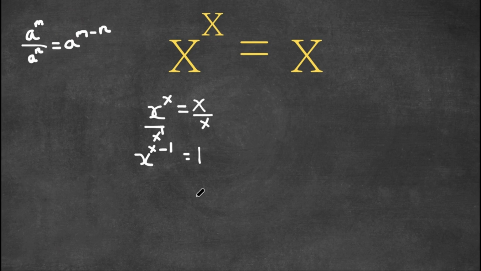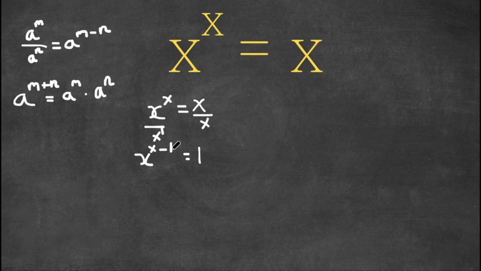So now we're actually going to rewrite this. Actually, before I rewrite this, another important property of exponents is that a to the power of m plus n is equal to a to the power of m times a to the power of n.